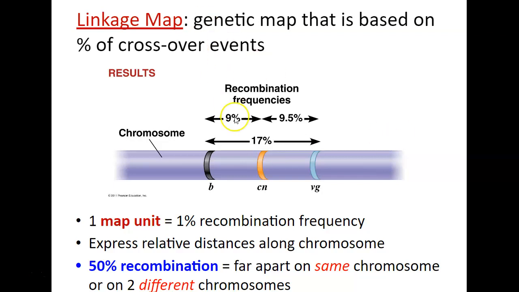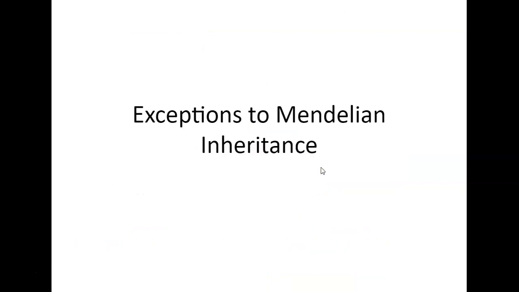So, for example, previously we had color and wings that were 17% recombination frequency, so they would be 17 map units apart. If I then added in this other gene called CN, and I found out that between color and CN it's 9%, and that between wings and CN it's 9.5, now I can actually get a picture of where that might be, and you can start to organize them.